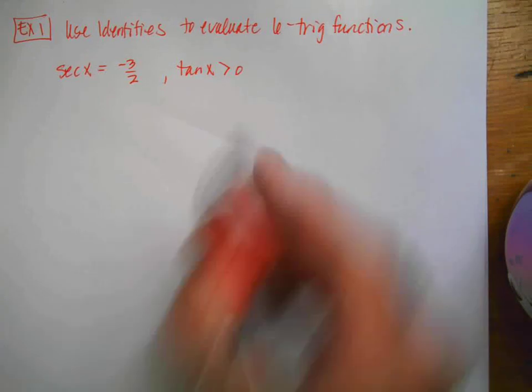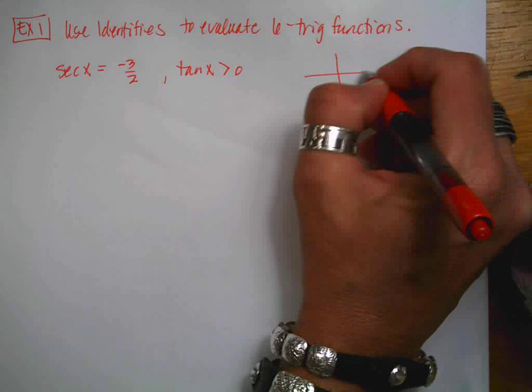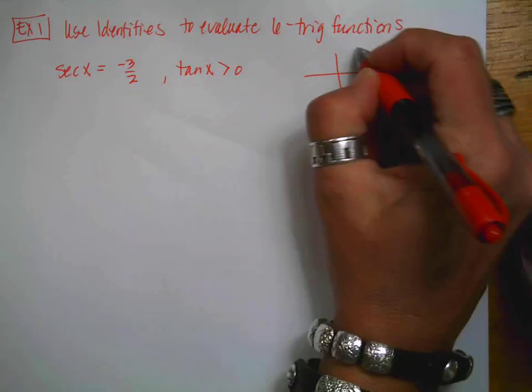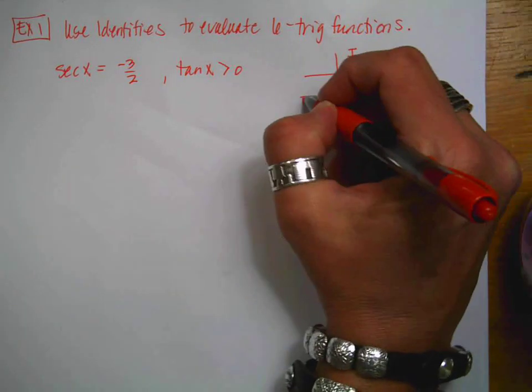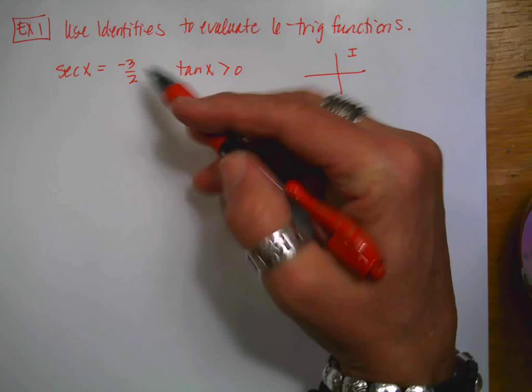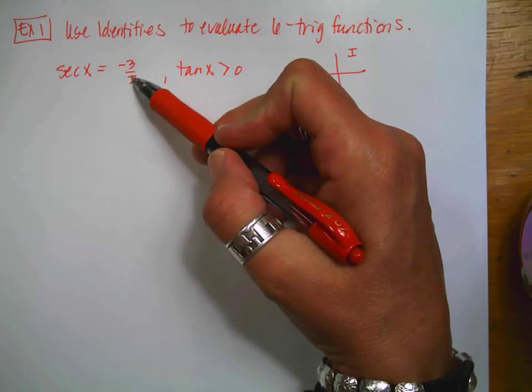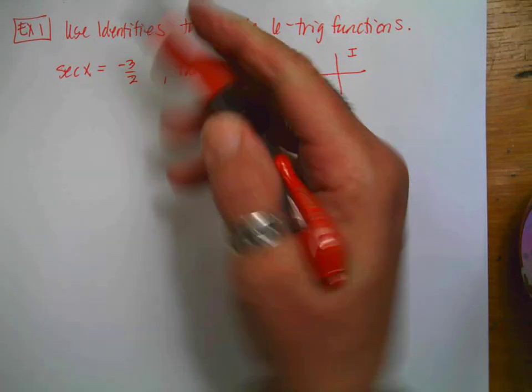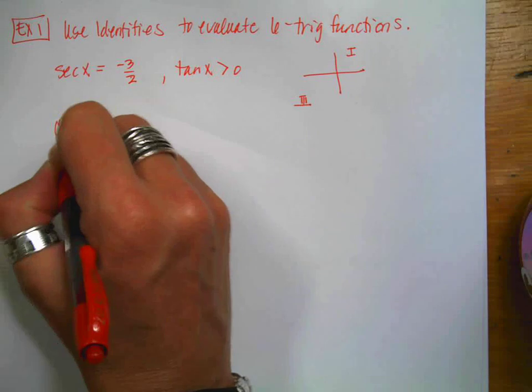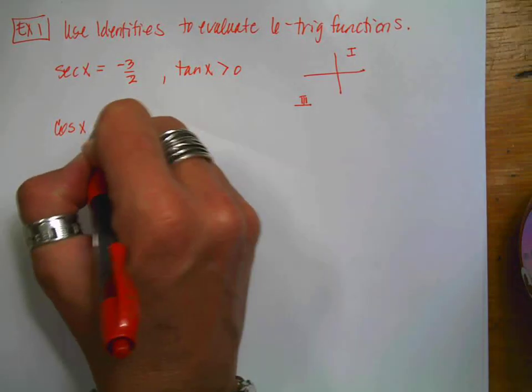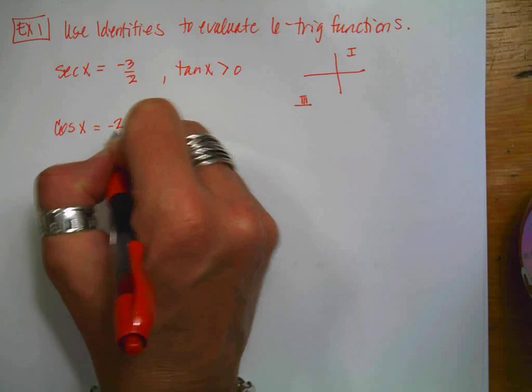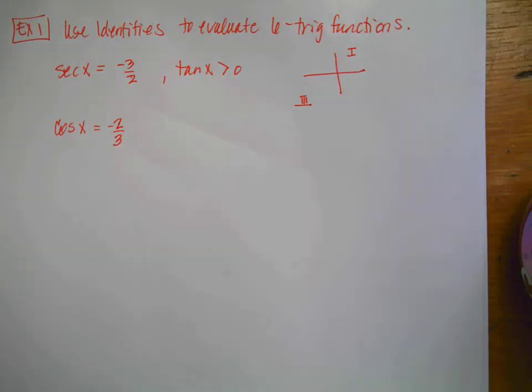So the first thing that I would do is draw my reference triangle. Okay, tangent is positive in quadrants 1 and 3. Okay, and then my secant is the reciprocal of cosine, right? So that means the cosine of x is going to be a negative 2 over 3.